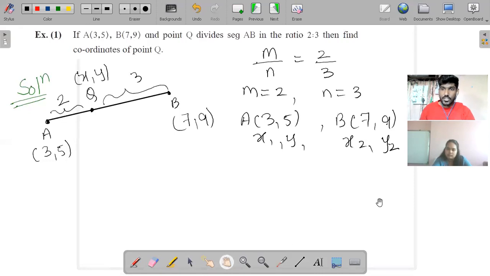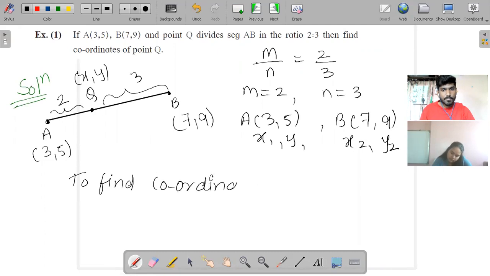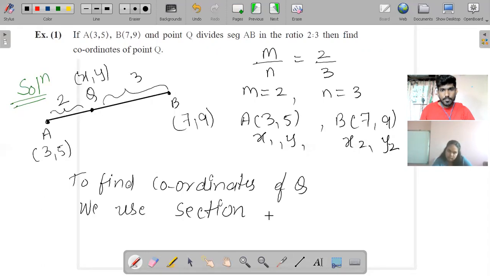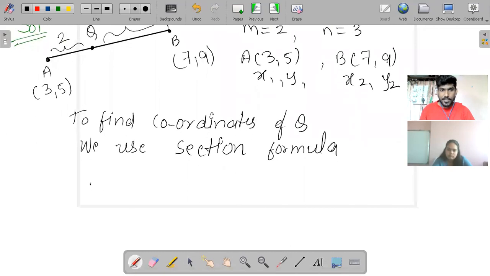Now we'll use the section formula to find the coordinates of Q. What was the formula for X?